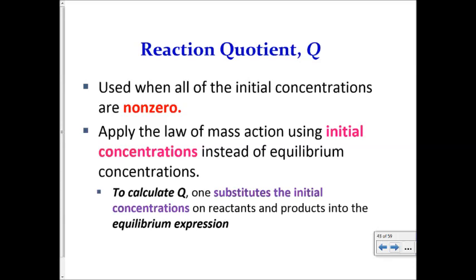Probably not going to get to actually calculating them. There is a graphic in your notes, though, that shows you which way it will shift, depending on if Q is greater than K or if Q is less than K. So there are the two different versions. If Q and K equal each other, you're already at equilibrium, so it doesn't matter. But the graphic on there will show you that.